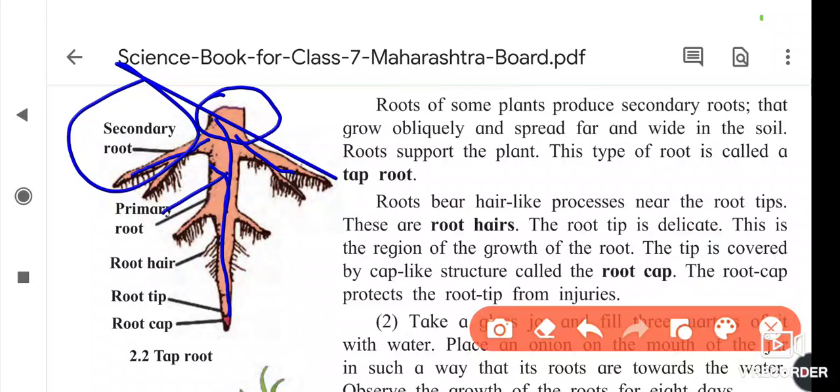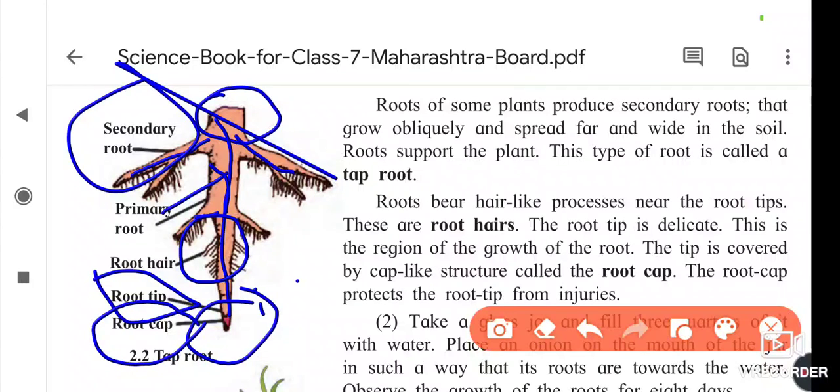On the secondary roots we see the root hair. The last end of the root is called the root tip, and that tip is covered. That covering is called the root cap.